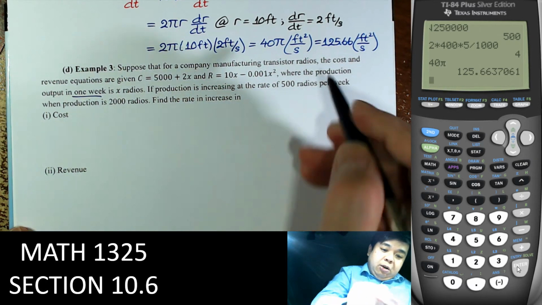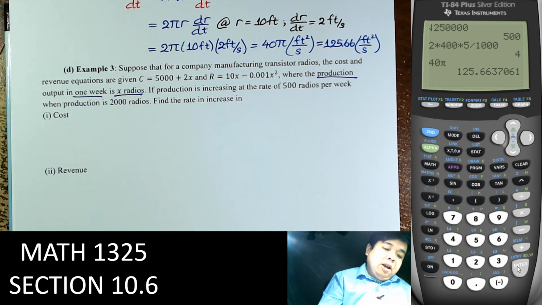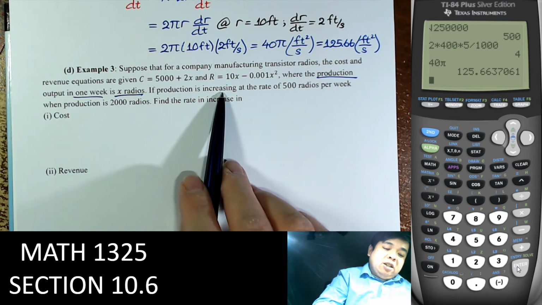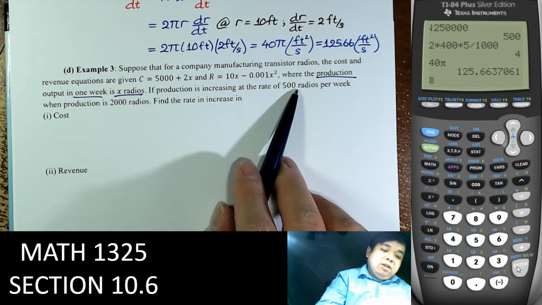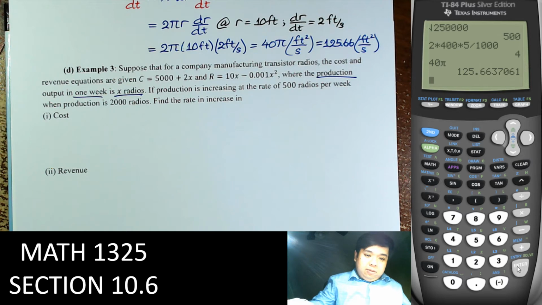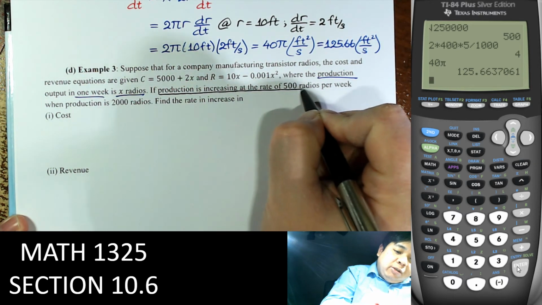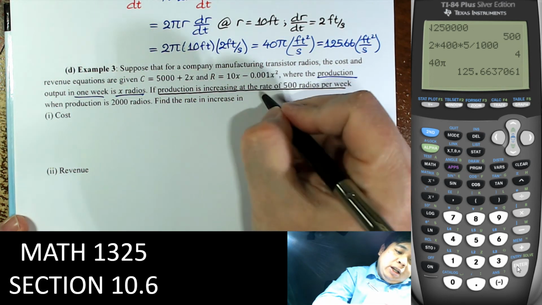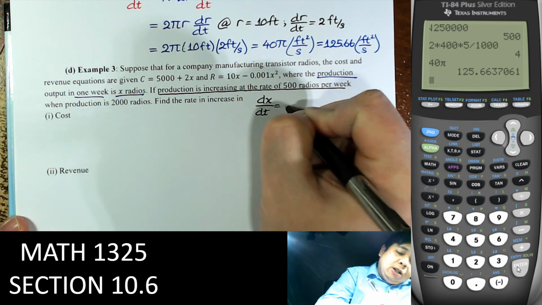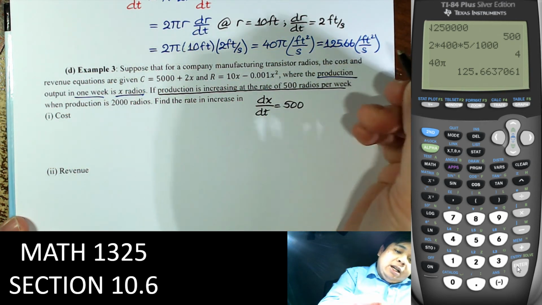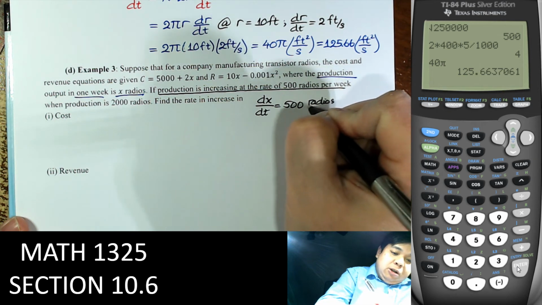Okay, production is x radios, so x is production, and the production is increasing, so that is the rate of production. So we have dx over dt is 500. Production is increasing at the rate of 500 radios per week, so dx over dt is 500, and we can say radios per week.